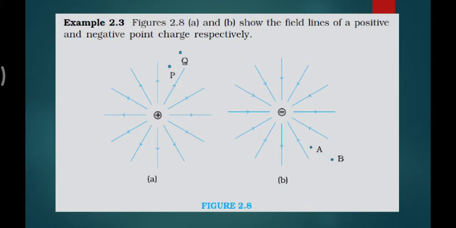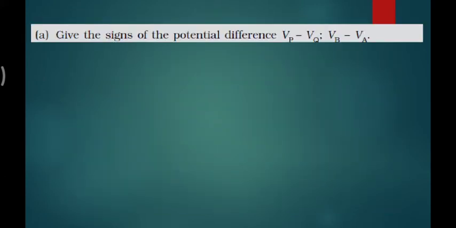Additionally, some points are given: q, p and a, b. The task: give the sign of the potential differences Vp minus Vq and Vb minus Va. Is it positive or negative?